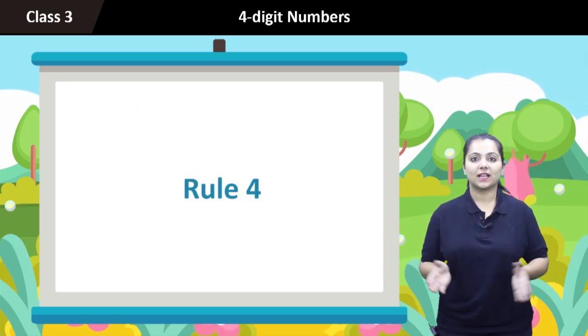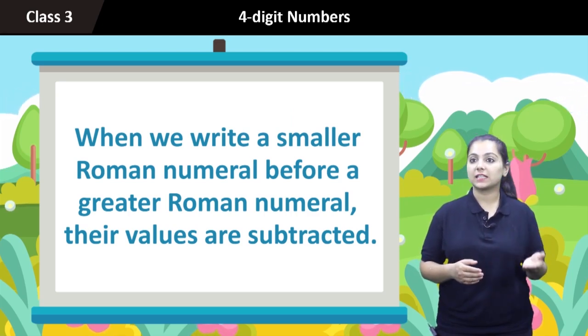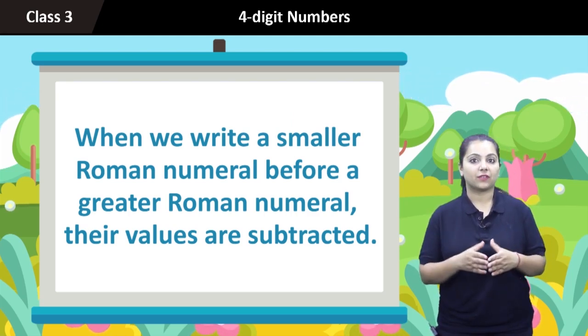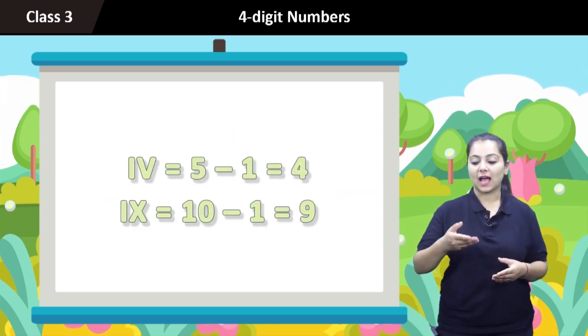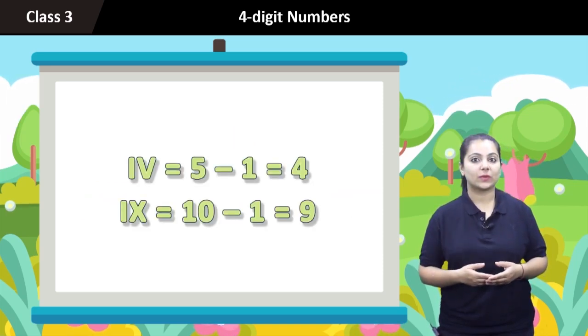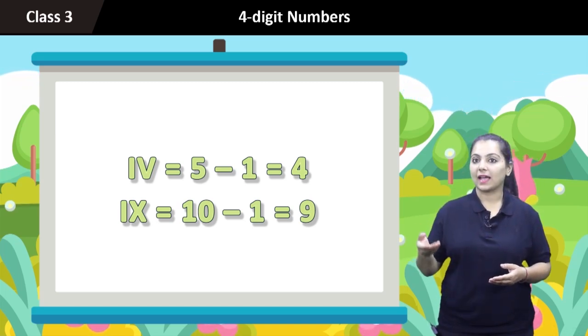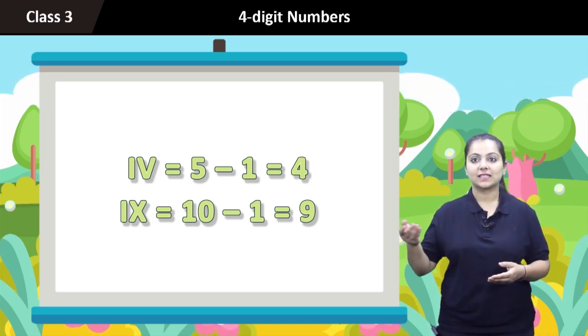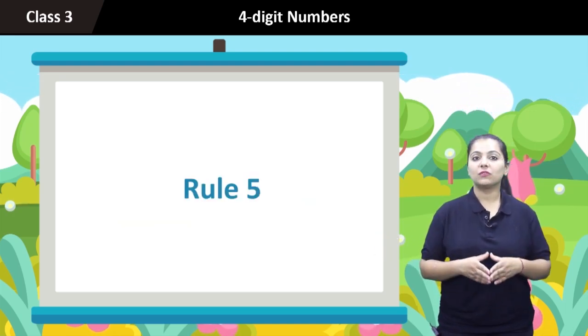Rule 4. When we write a smaller Roman numeral before a greater Roman numeral, their values are subtracted. For example, IV is equal to 5 minus 1, 4. IX is 10 minus 1 gives 9. Rule 5.